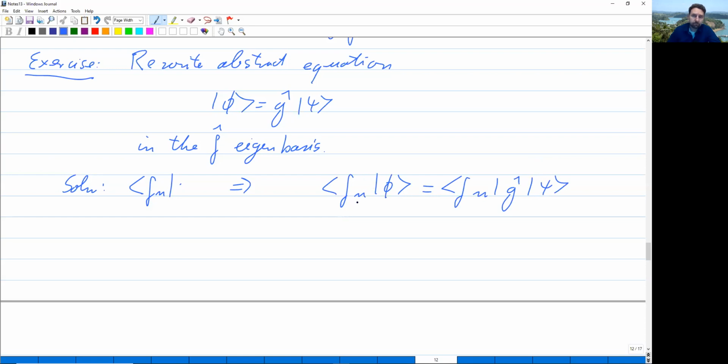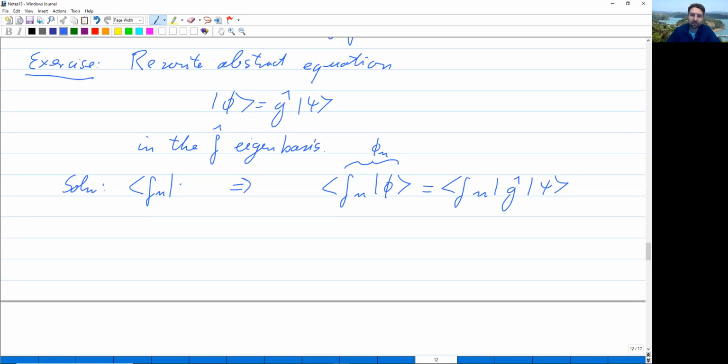On the left-hand side, we have here phi n, the wave function of phi in the eigenbasis of F. On the right-hand side is also a number altogether, but it's still a matrix element.